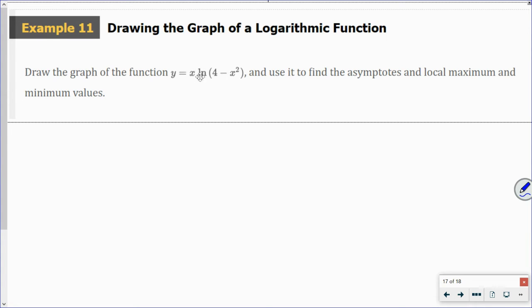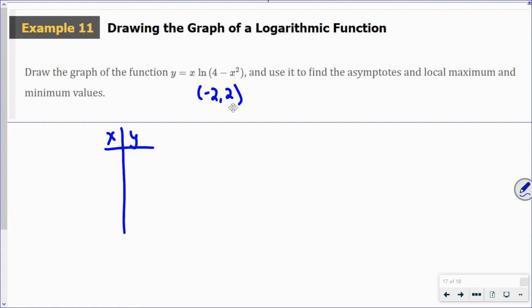This can be anything, but this portion right here had to be between -2 and 2. So to start a graph, we're just going to start a table because I have no idea what this might look like, because it involves a logarithm, a linear, and a quadratic. So that can be really strange.